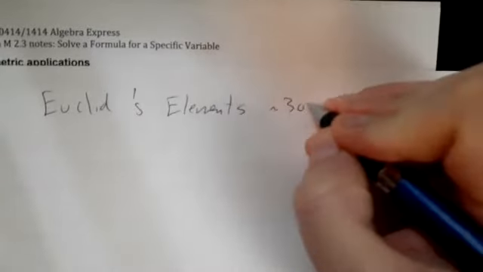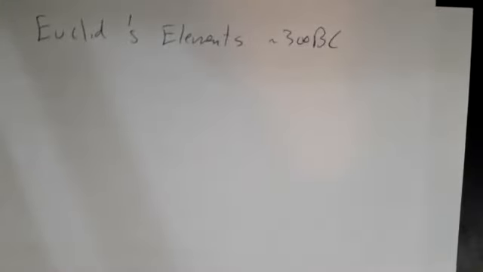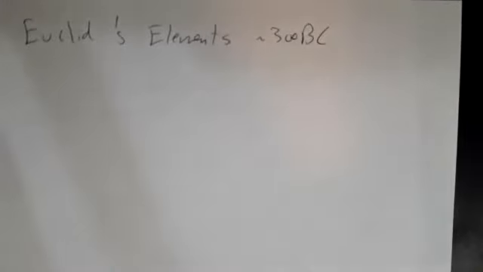We're talking about around 300 BC is when he first did this. And this ties back to what I was talking about in a previous lecture, where math is just an application of deductive logic, right? So we use deduction to prove new things and to come up with new truths.